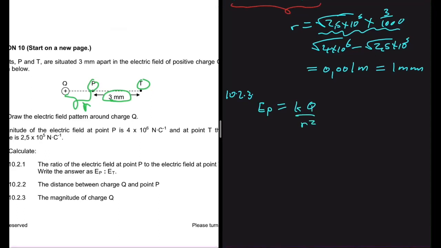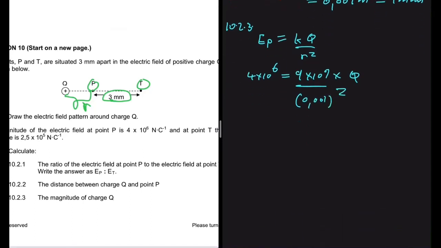But then EP is given to us. We know fully well that that is 4 times 10 to the 6 being equal to 9 times 10 to the 9 multiplied by Q, and then we divide everything by 0.001 meters, and then we shouldn't forget to square.